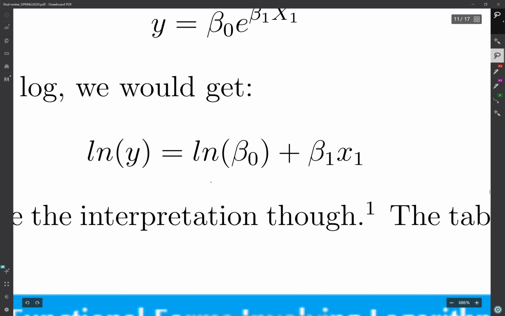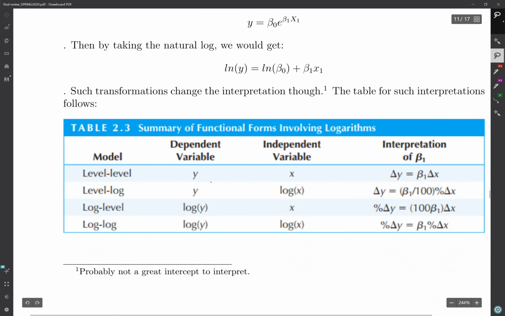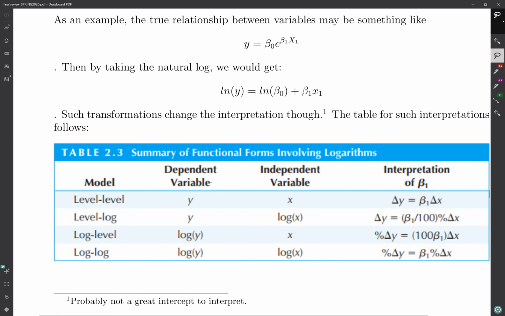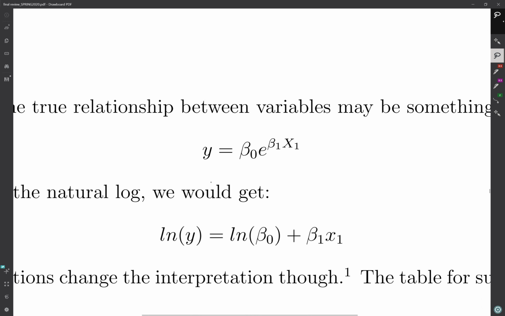So there may be some sort of nonlinearity that we want to take care of. And remember, when we're talking about nonlinearities, as far as using OLS to predict, to find some sort of a regression for, we're still linear in our parameters.